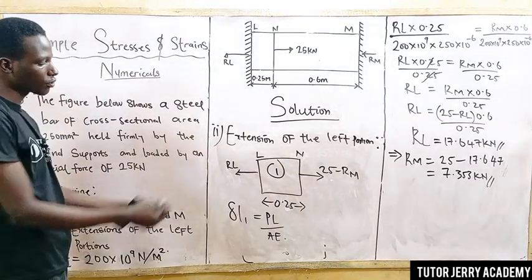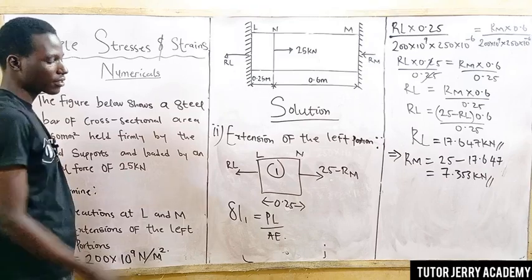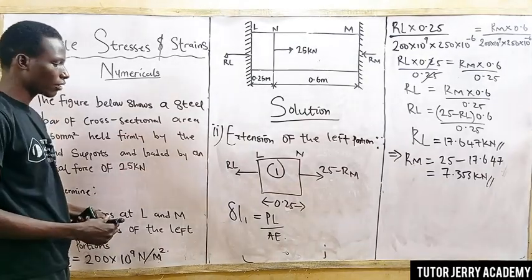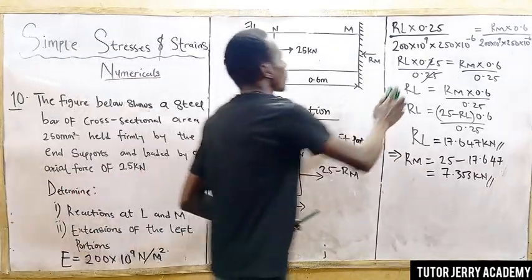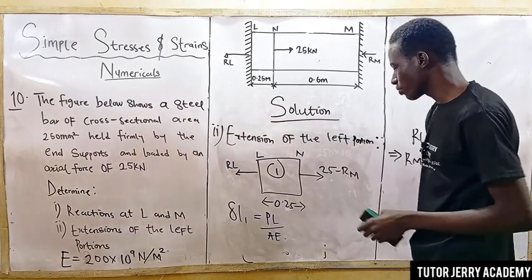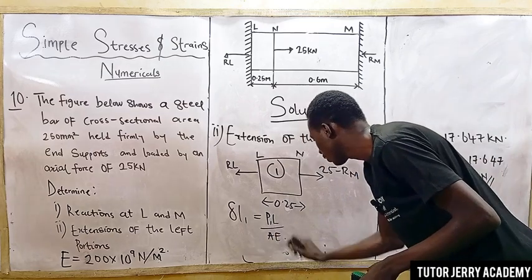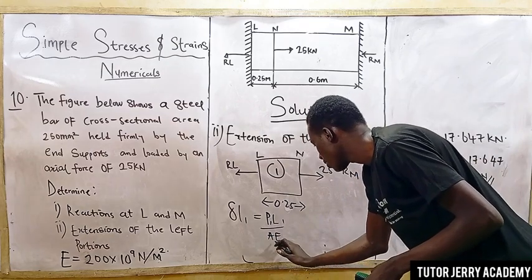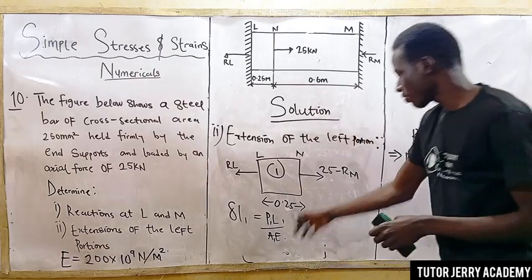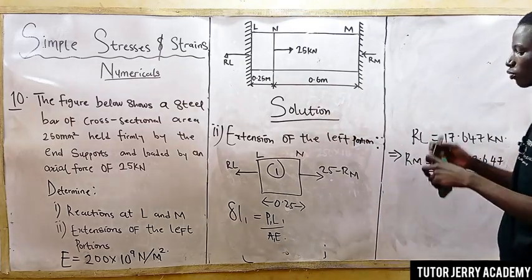So we are just going to be substituting our values, and we'll be getting the value of L1 in no time. Here is going to be 1, here is going to be 1, here is going to be 1, because the modulus of elasticity is common for the whole bar.